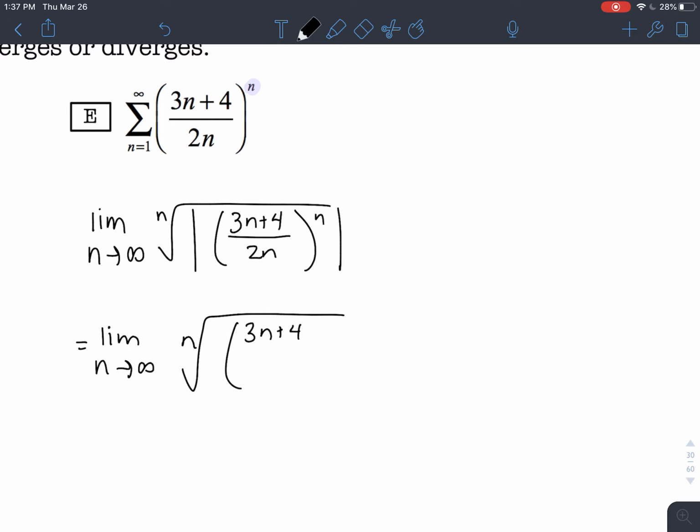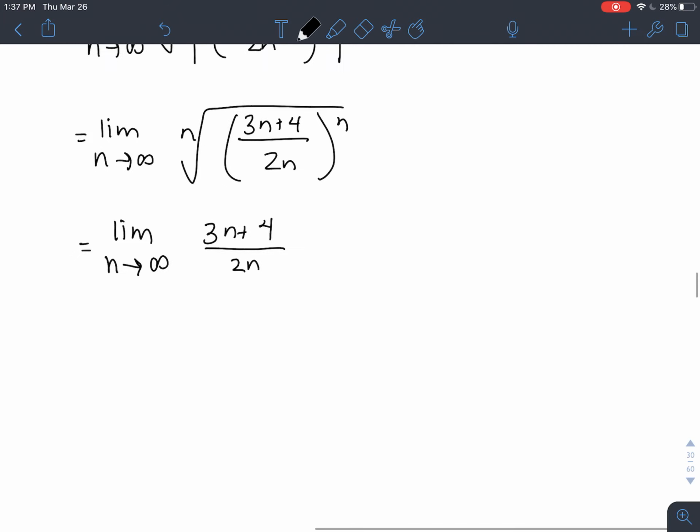So the nth root is going to cancel out. I'll be really thorough here though and say we don't need those absolute values, so we're just going to have this on the inside. And then the nth root and the nth power are going to cancel out.